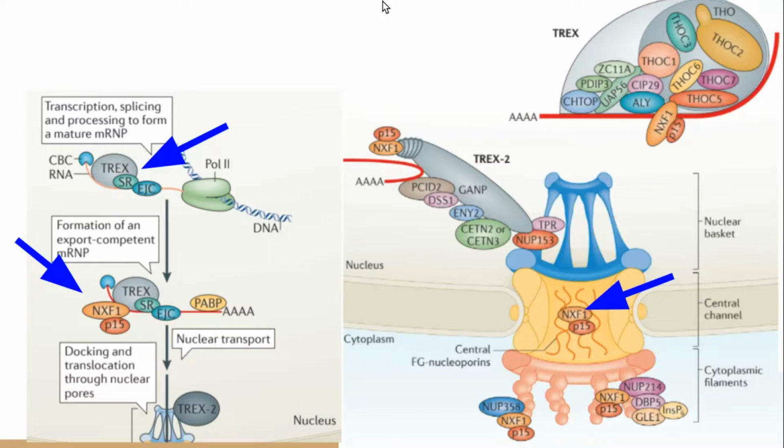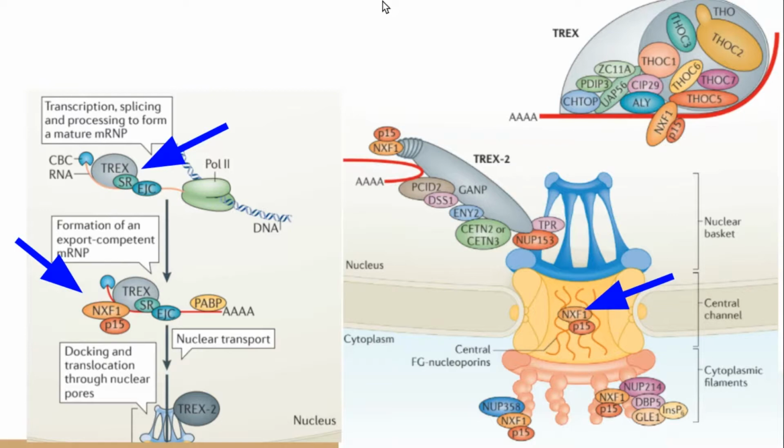The docking of the TREX NXF1 mRNA complex with a nuclear pore occurs through the interaction between NXF1 and the nuclear pore protein called nucleoporin. The nuclear pore is actually made impermeable by protein filaments composed of hydrophobic phenylalanine and glycine repeats, or FG repeats. F for phenylalanine, G for glycine.